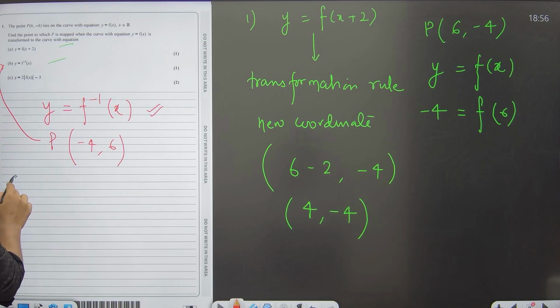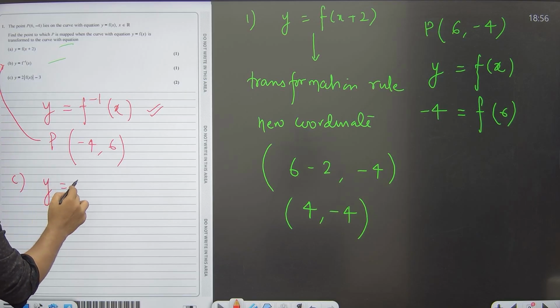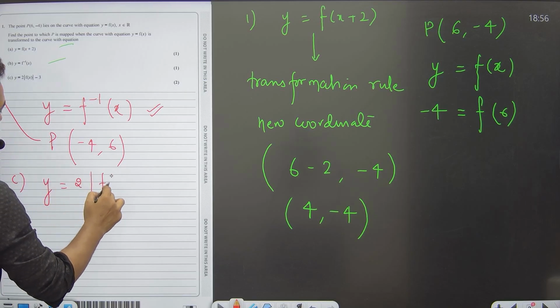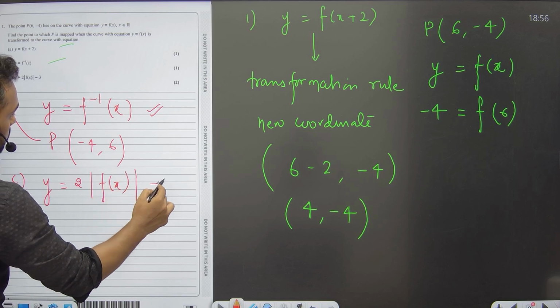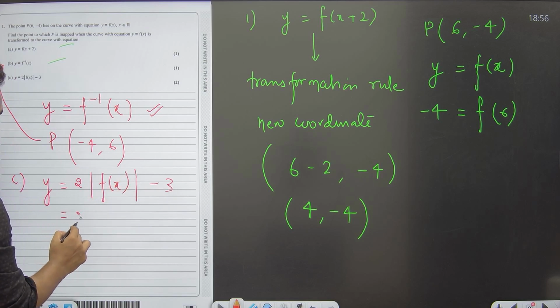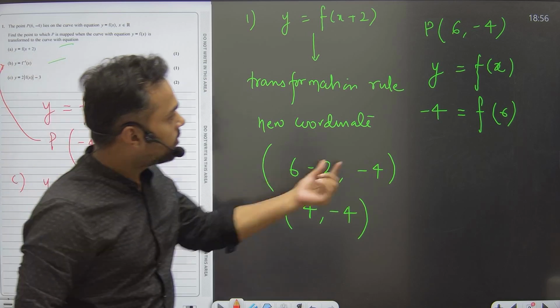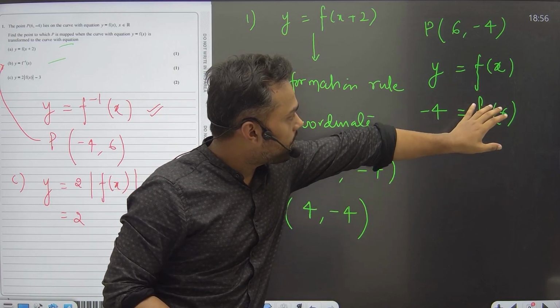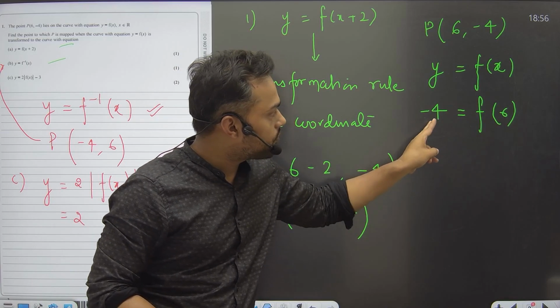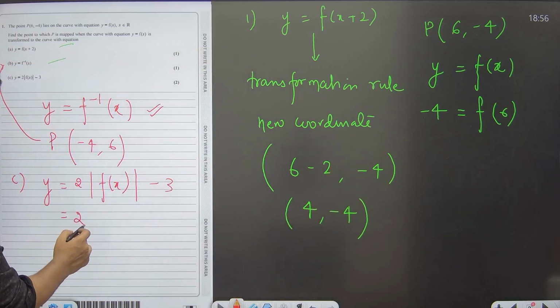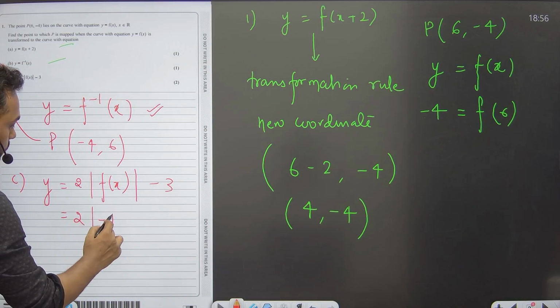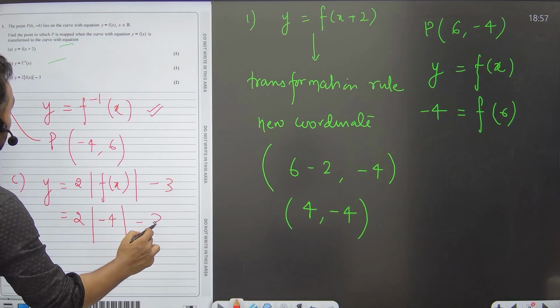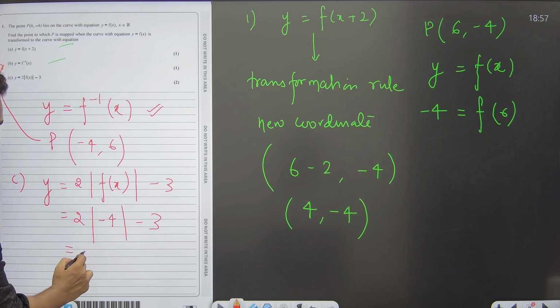Now third part states that, see, y equals 2 modulus of f(x) minus 3. What is f(x), student? I have already told. f(x) was negative 4. I have plugged in the value of x equals 6, so it was negative 4. So it will be 2 modulus of negative 4 minus 3.